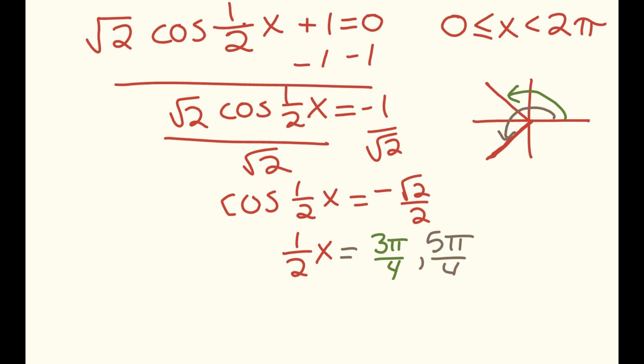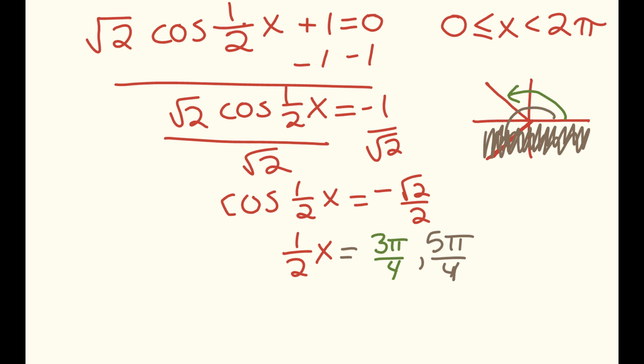Hopefully you're thinking to yourself, but what does that 1/2 have to do with anything? This number before had been telling us how many times to go around the unit circle, and it's still doing that. So really, we only want to go around the unit circle halfway. So we don't even want this lower portion of the unit circle, which means this 5 pi over 4 isn't really part of our answer.